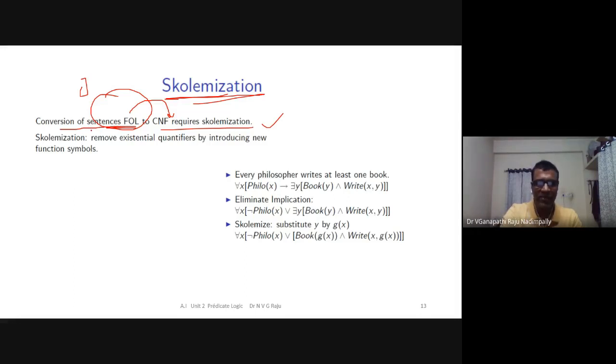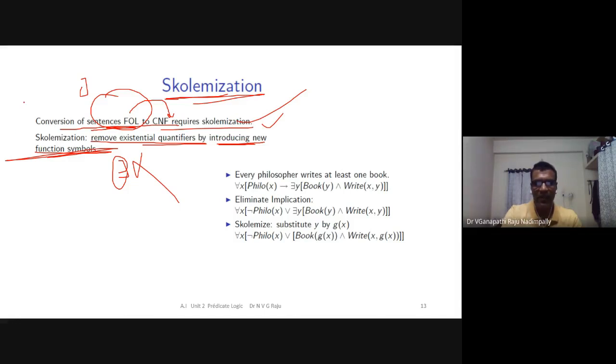The process of converting an FOL statement into CNF is known as skolemization. Skolemization removes existential quantifiers. For example, if my sentence has there exists, it is going to remove it by introducing, please observe carefully, new functional symbols. Here it is going to do two jobs.